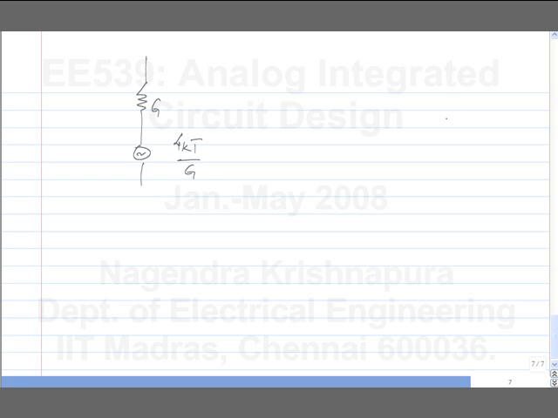Similarly, when I have a transconductance G, I will have an input referred noise whose spectral density is of the order of 4 kT by G. So, it will be some factor gamma, let us say, times 4 kT by G. This gamma is dependent on how you make the transconductor. If you make it with bipolar, it may be half. If you make it with CMOS transistors, it may be 2/3. So, things like that, okay.